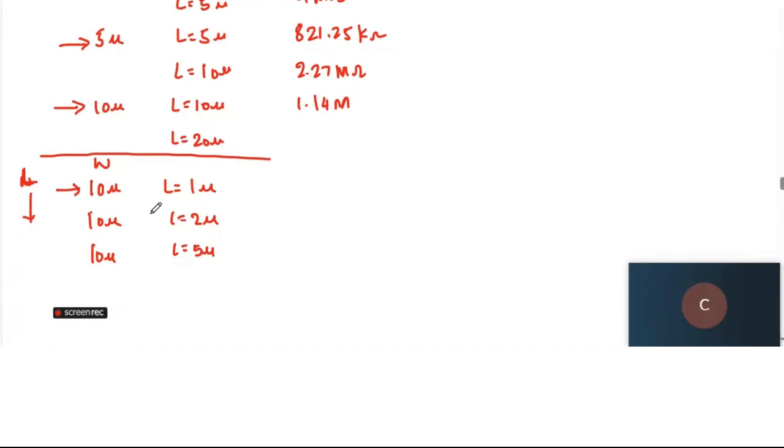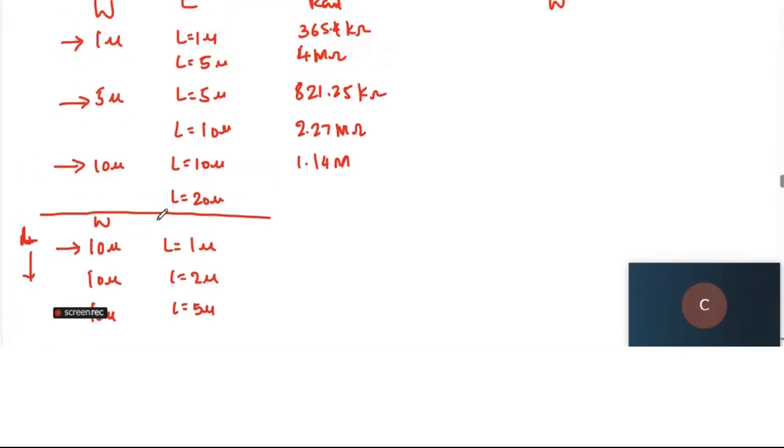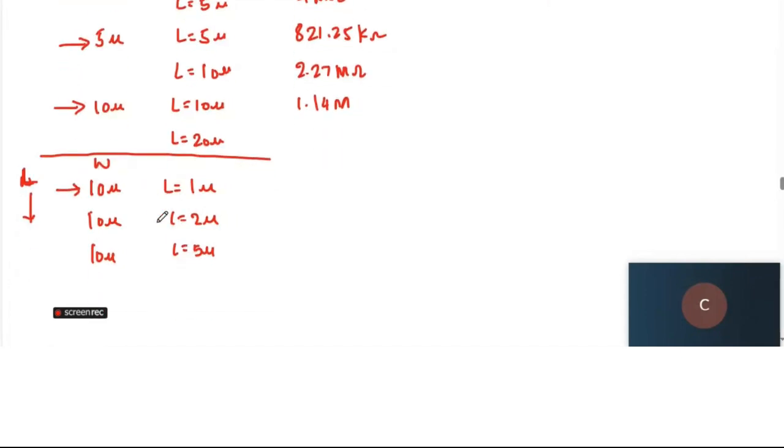So that's one combination, and other than that, we'll also try to see these combinations as well, W and L. What I'll do is keep on decreasing W from 10, 5, 1, and this time I'll keep L as 10.